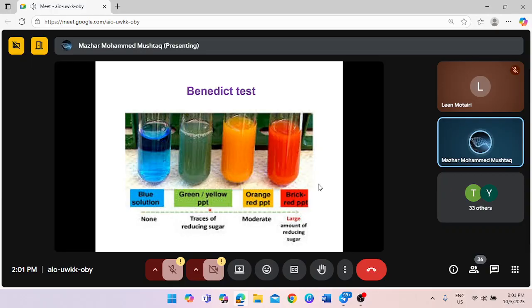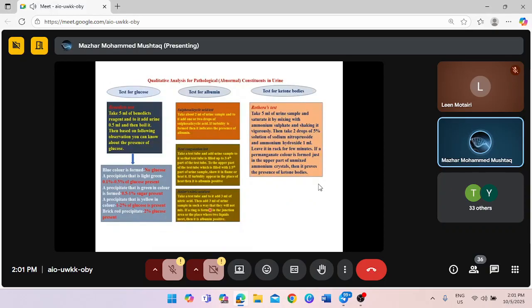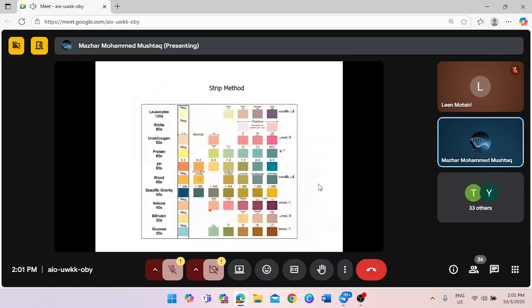So these different colors. Even in the chemical analysis here, for example, the glucose, if it is this color, light blue, that is negative. There's no glucose. Green, dark green, it is going to brown and dark red.